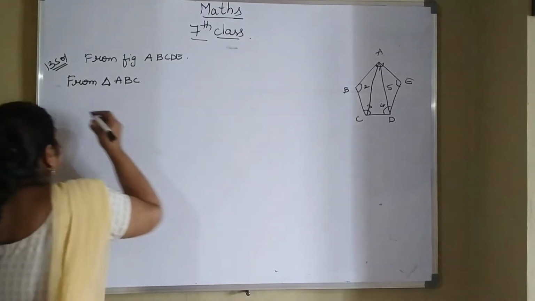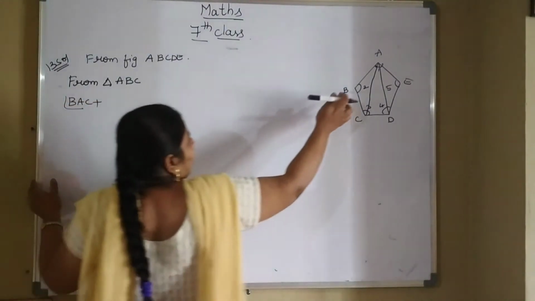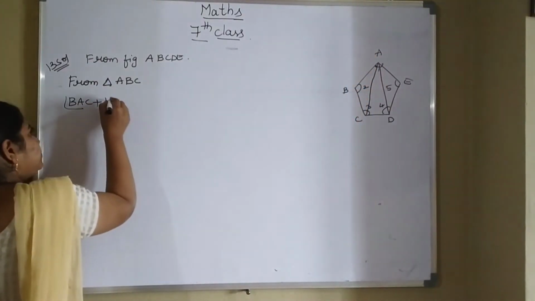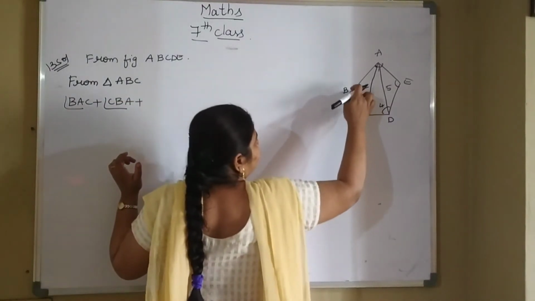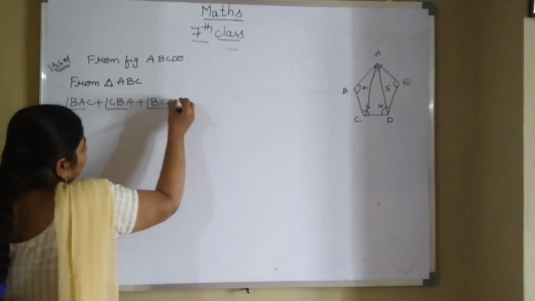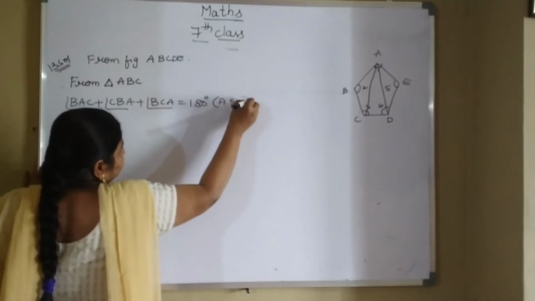BAC I can write, plus angle B, how can I write? CBA I can write, plus angle C, how can I write? BCA I can write. That will be equal to 180 degrees by using ASP.